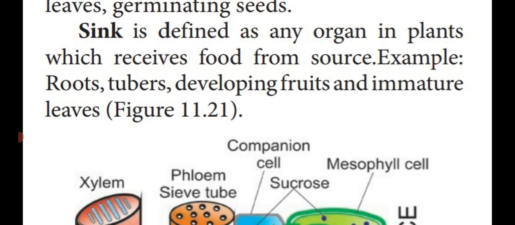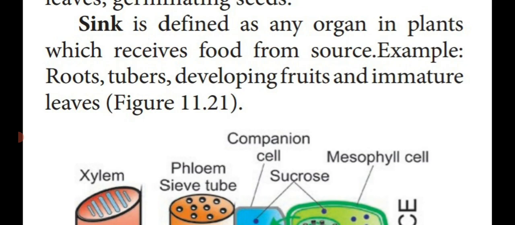Second one, sink. That means the different parts of a plant body to which the food material is transported. Those parts of a plant which receive the food material are known as sink. Source means they prepare the food material and transport it to different parts of a plant for their metabolic activities and for storage purposes.